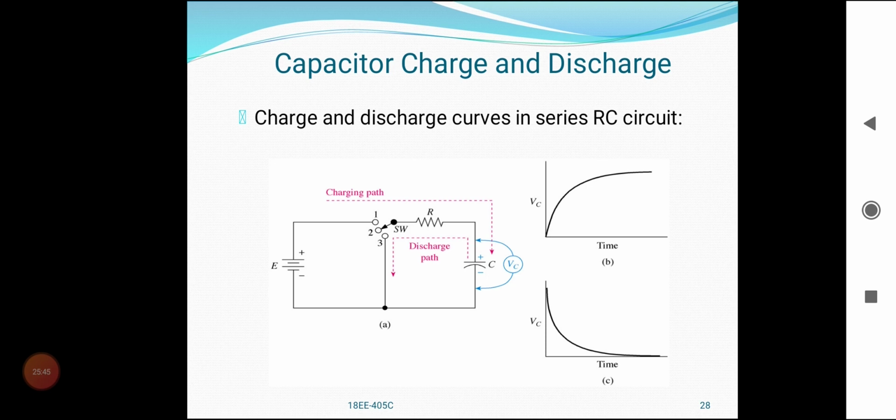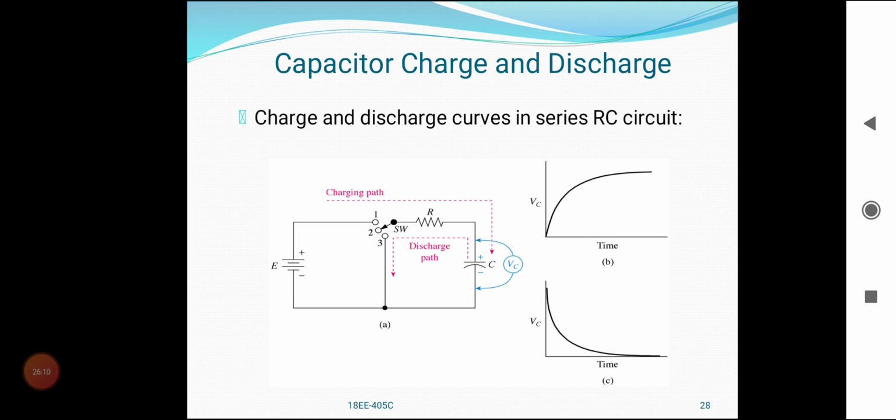Capacitor charge and discharge. Charge and discharge curves in the series RC circuit are as shown in the slide. The capacitor charges exponentially when the supply is connected to the capacitor through switch 1.